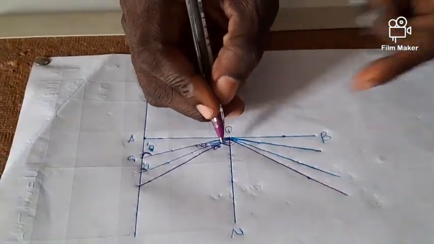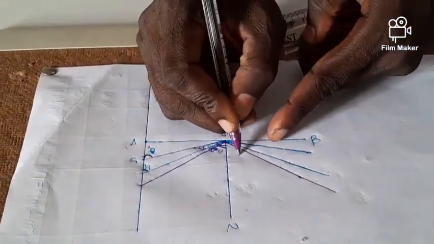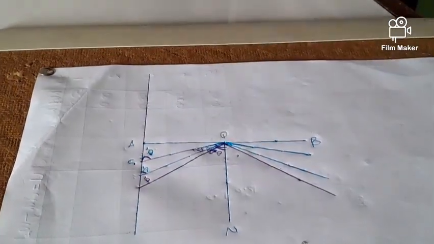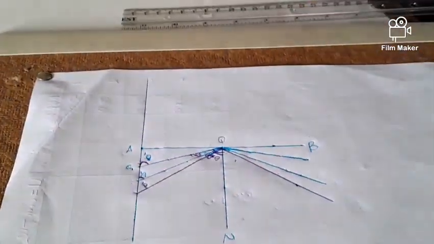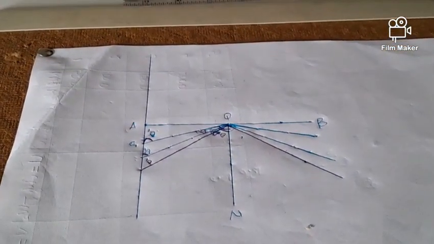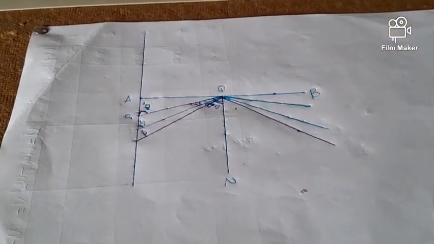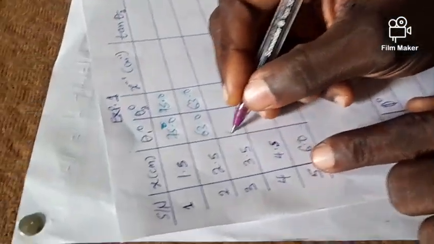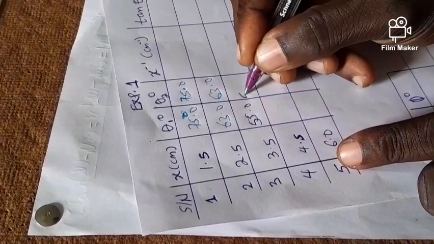So this angle is another theta 2 and this one is theta 1. So we are measuring this angle. So now I did 35 this way. So the angle is going to be 90 minus 35. That's 55 degrees. So it means that theta 1 is 55.0 degrees.